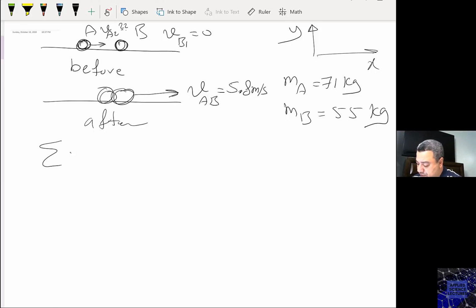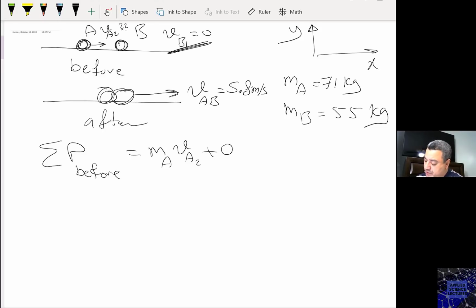So sigma P before equals MA VA2 plus 0, because the speed for skier B is 0. It was at rest.